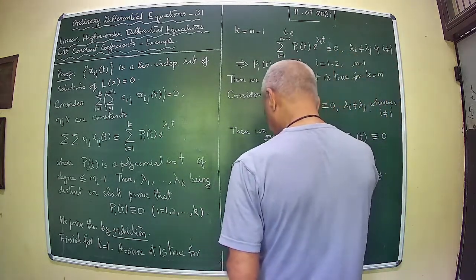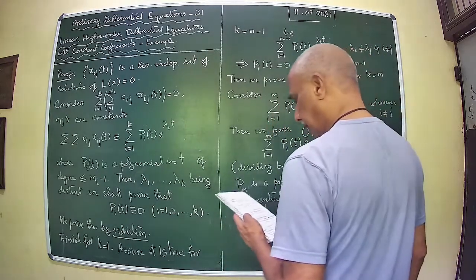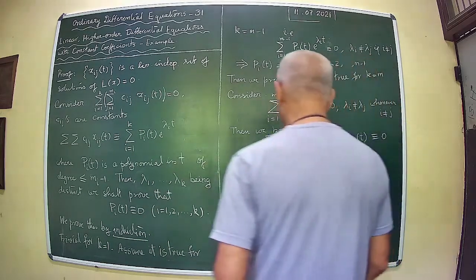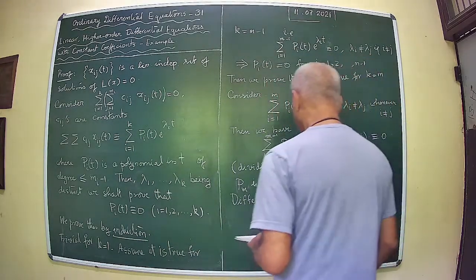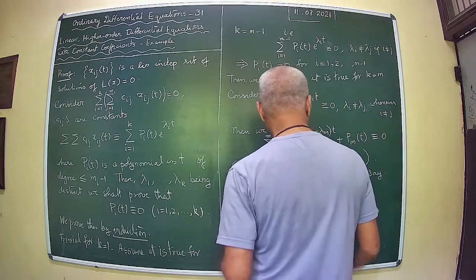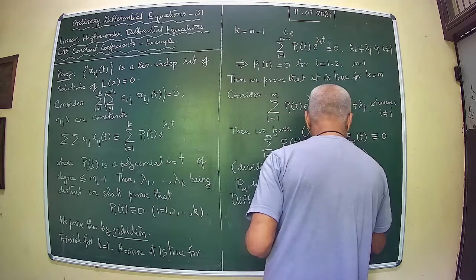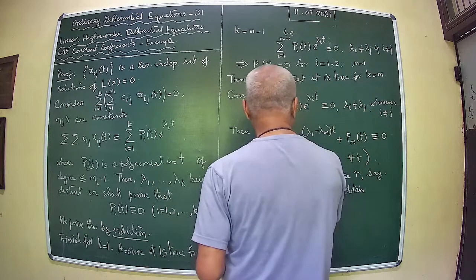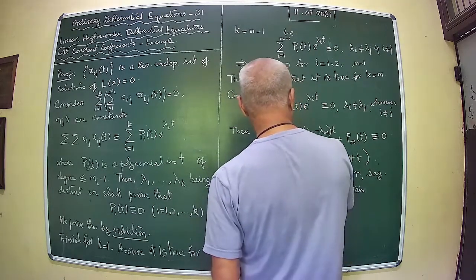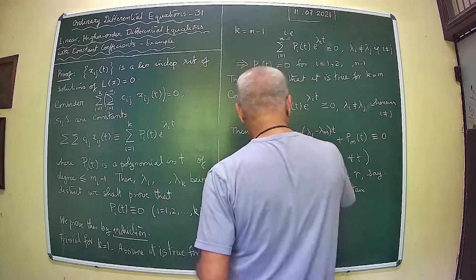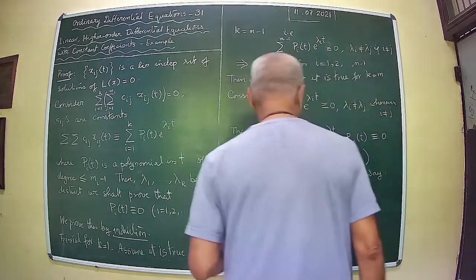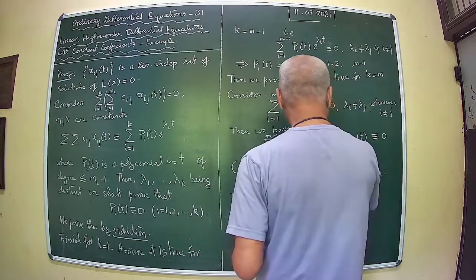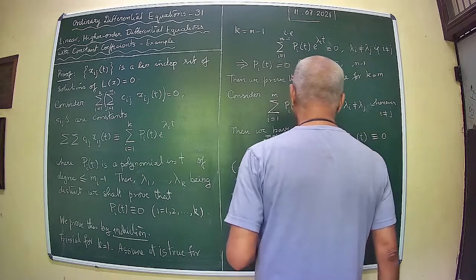If you differentiate this, this is what you end up with. Obtain pi differentiated, one is pi differentiated and it will be 1 degree less, and then multiplied by lambda i minus lambda m.